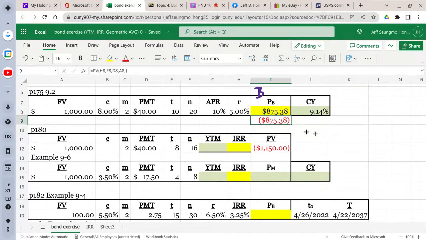But I don't like to deal with these negative numbers. If you're solving for n or solving for r using the formula, these negative numbers will cause problems. So I don't use this.